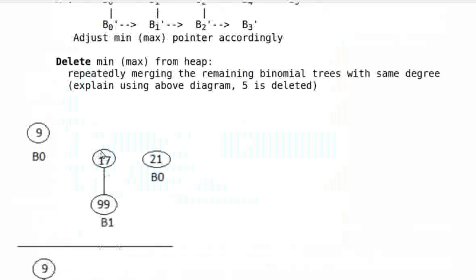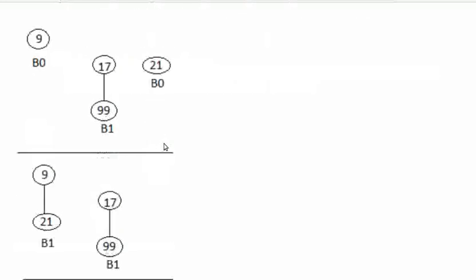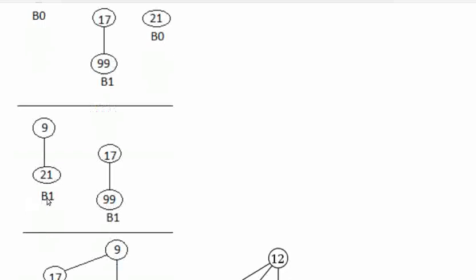So we have this B0, and then this B1. So we will merge this 21 with 9. Then we get this B1. And we have a B1 here. So this B1 and this B1 have to be merged. And 9 is smaller, so 9 will be the new root.